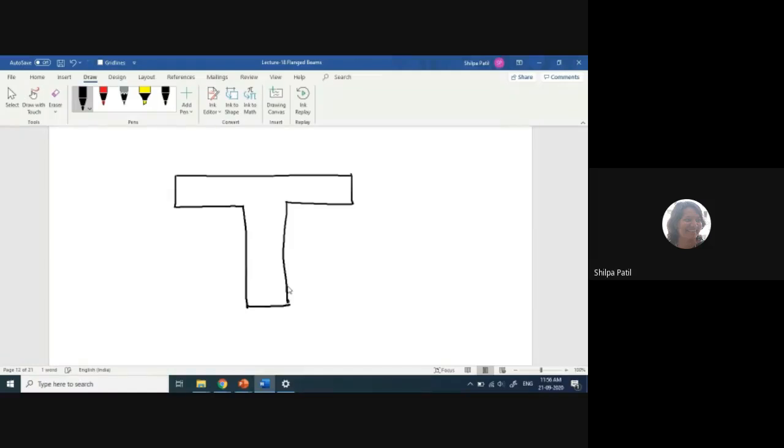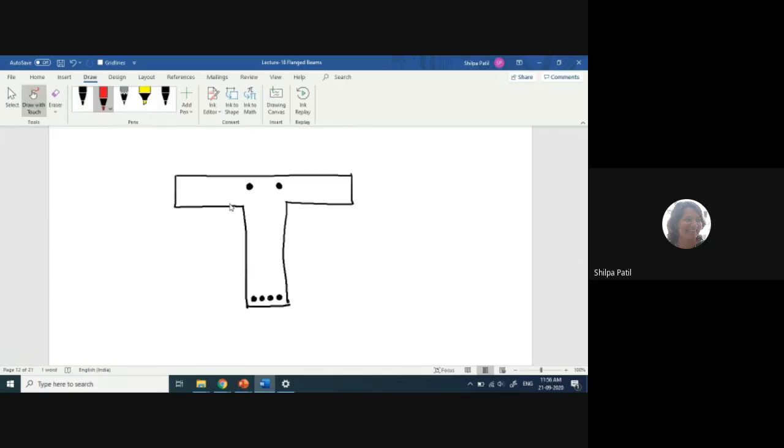Okay, and there are a total of 4 bars of 25 mm. So 1, 2, 3 and 4 bars are located here in the tension zone. 2 bars we have to always provide in the compression zone. So these are the 2 bars. And now I have to show the stirrups also.